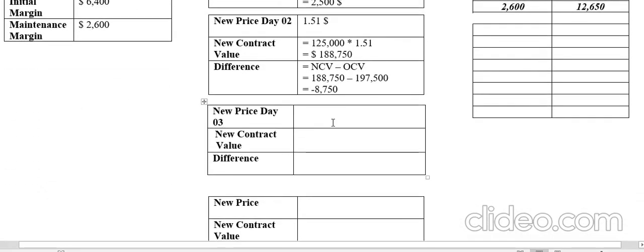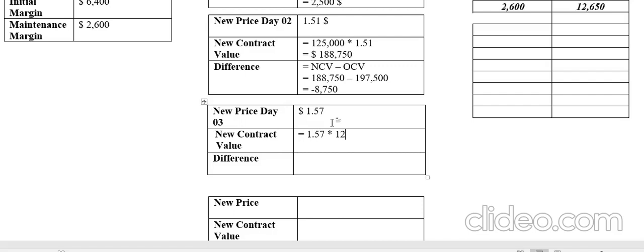So the fresh market price is $1.57 per euro. To know the new contract value, we would multiply this fresh price of 1.57 by the quantity 1,25,000 euros that we plan to buy, and this time it would become $1,96,250. This is our new contract value.